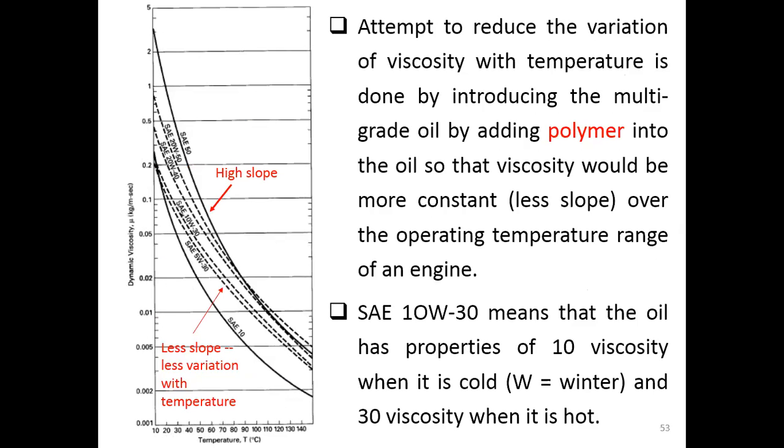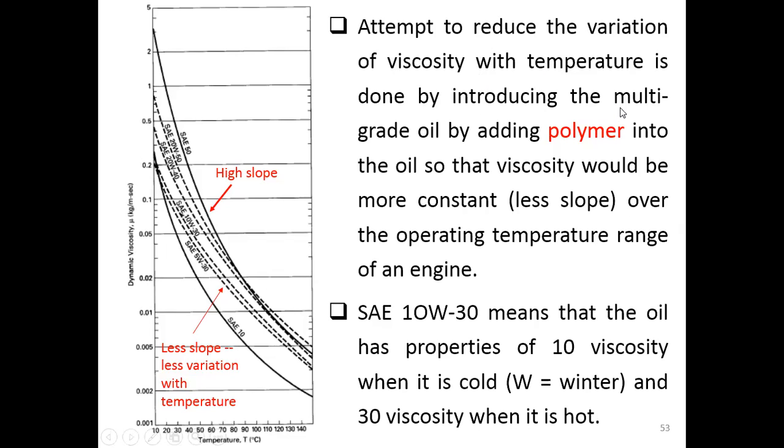There is an attempt to reduce the variation of viscosity, because as you can see, it changes with the temperature. In our actual engine operation, the temperature can vary, so they want to reduce the variation of the viscosity with temperature.